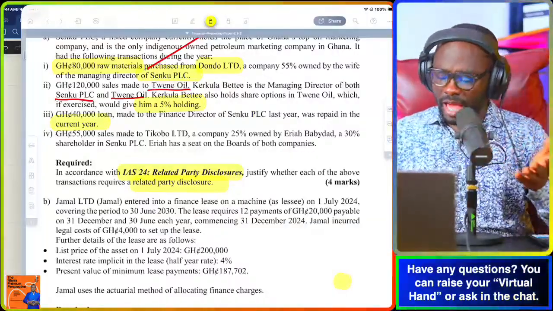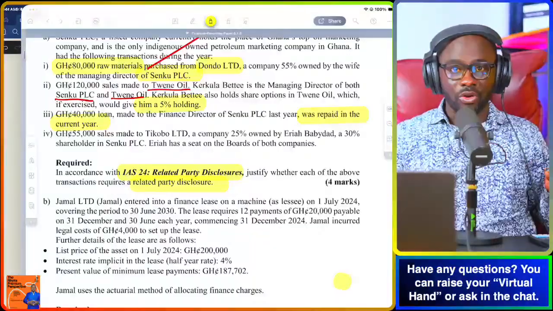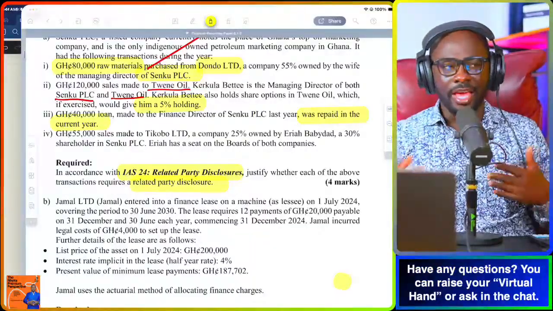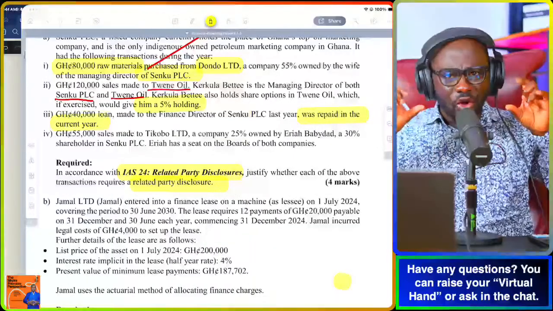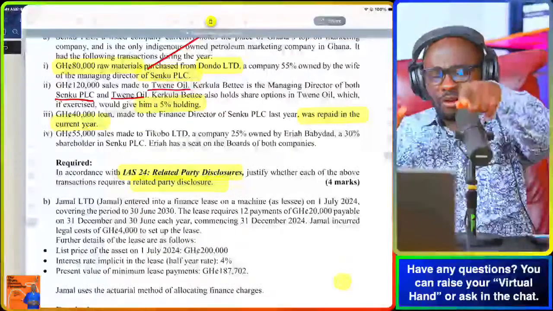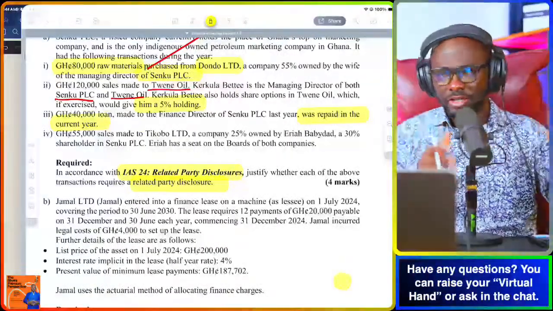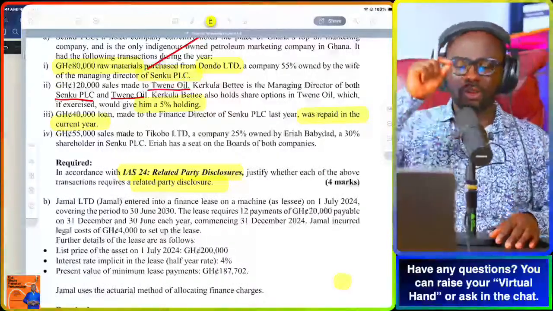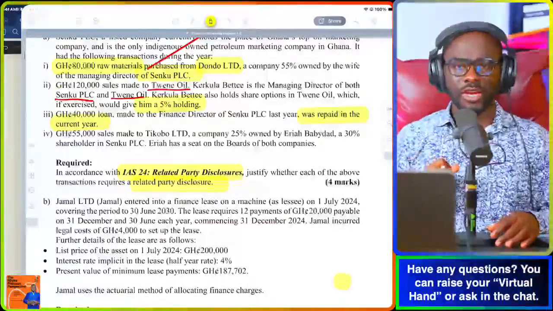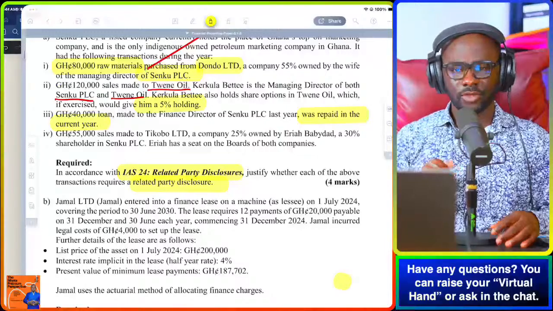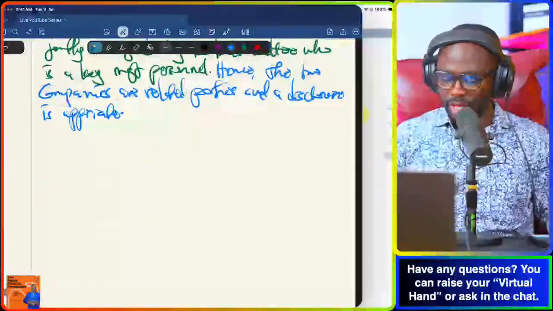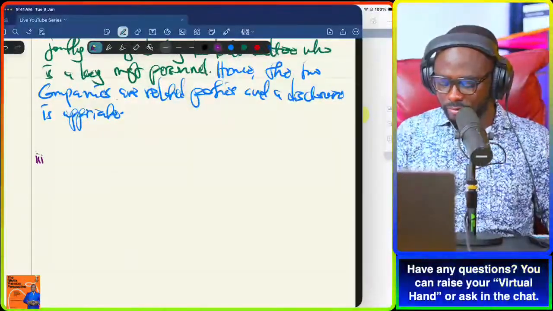If you think, you'll be like, the person has paid the loan in the current year, so there is no loan outstanding. You are right, there is no loan outstanding, but a disclosure is still required in the notes to the financial statement. So that is the third one. We will make a disclosure as well.